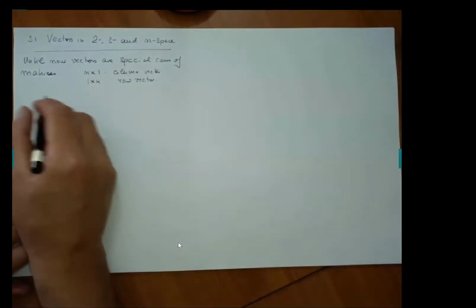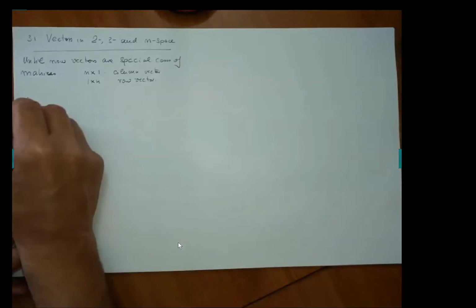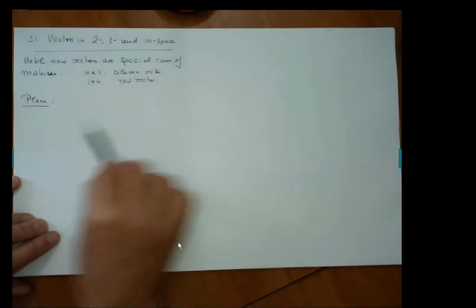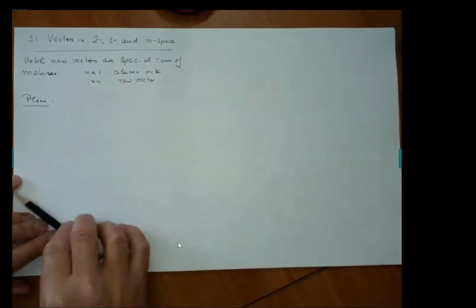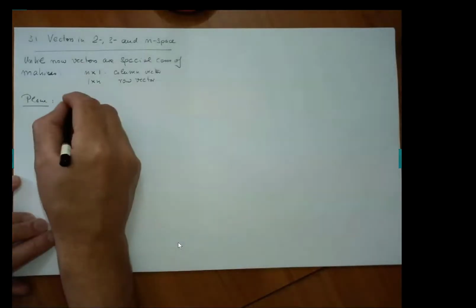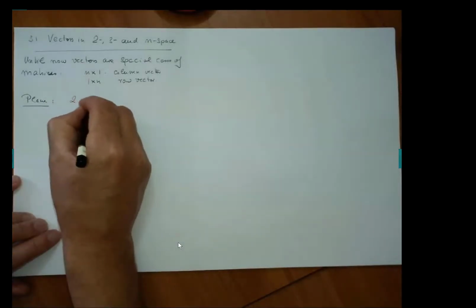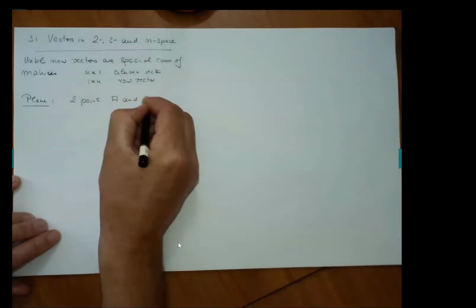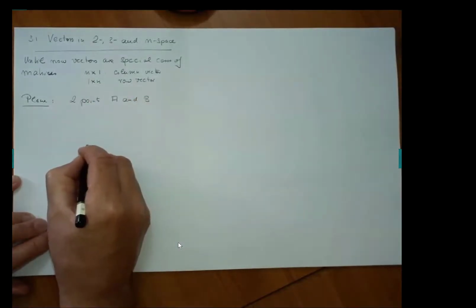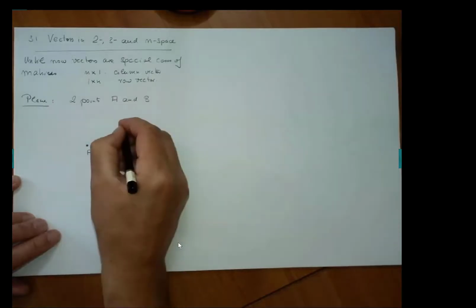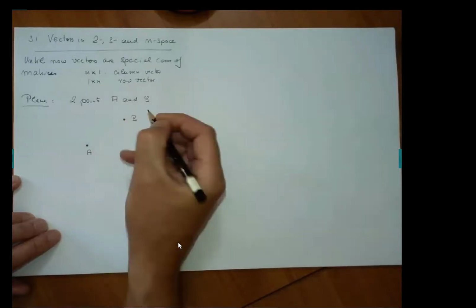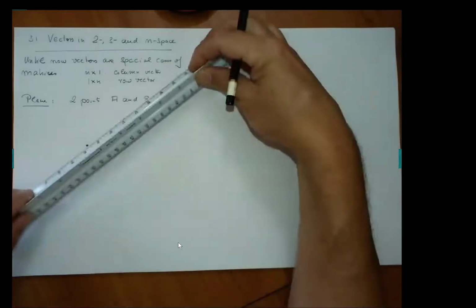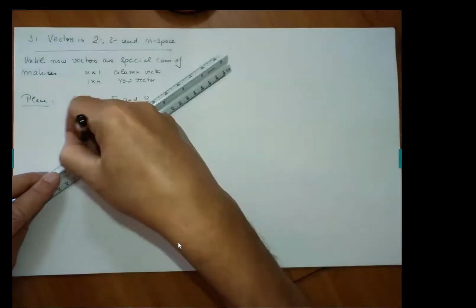We consider the plane. For us in the plane, in the moment is always my piece of paper here. That's our plane. And so we have in the plane 2 points, A and B. So let's say here's a point A, and here's a point B. And then you can look at the straight connection between these 2 points.